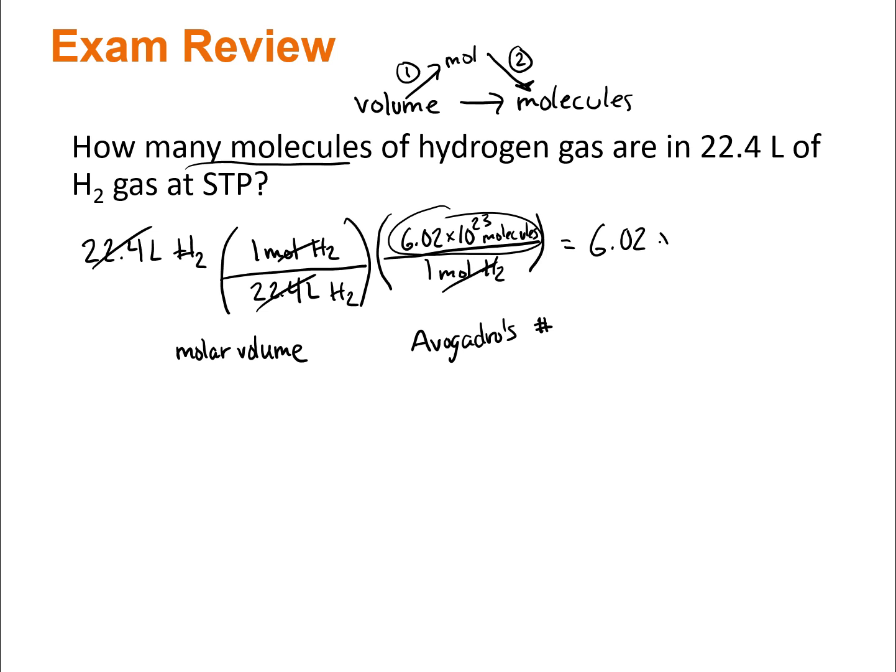You don't even really have to do the math there because everything cancels out. So you should have 6.02 times 10 to the 23rd molecules.